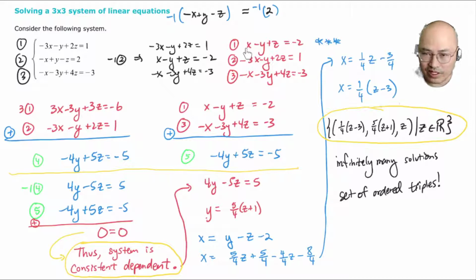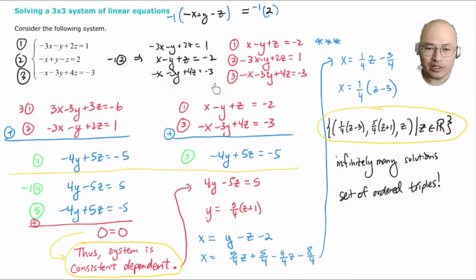So I'm just reorganizing the equations. x minus y plus z is equal to -2. And then I put equation 2 as -3x minus y plus 2z is equal to 1. So all I did was swap these 2 equations and renumber them. Why do I like this equation on top? Because I like the coefficient of 1 in front of that x.